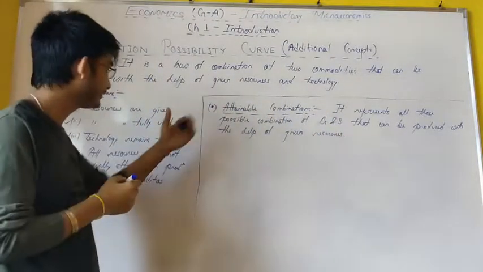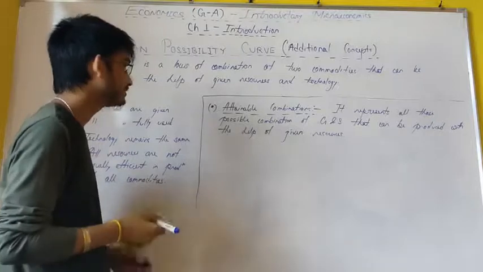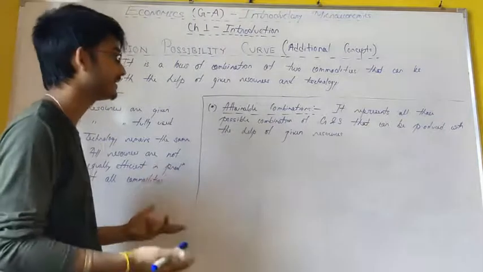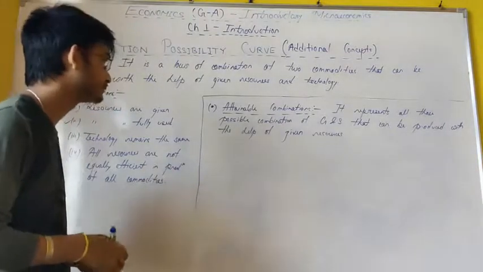So this is a simple definition of attainable combinations, that it represents all those possible combinations of goods and services that can be produced with the help of given resources.